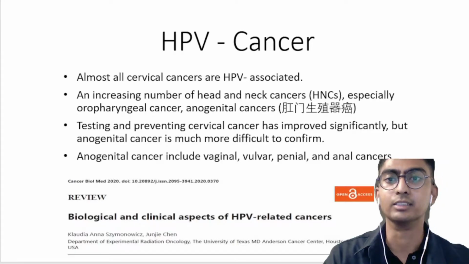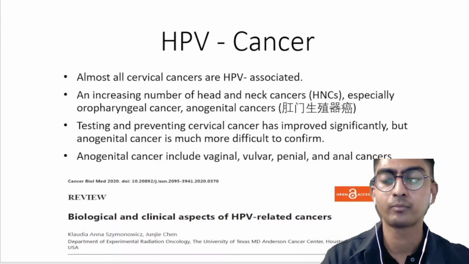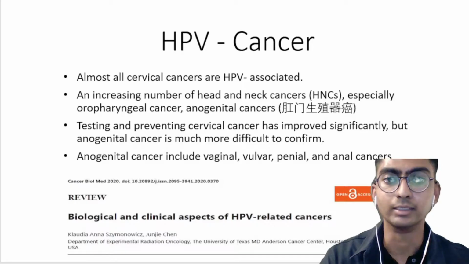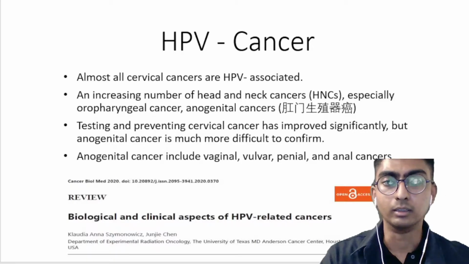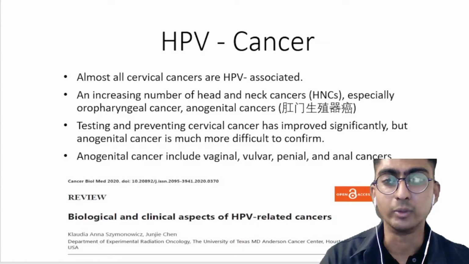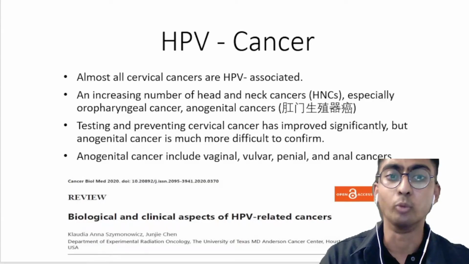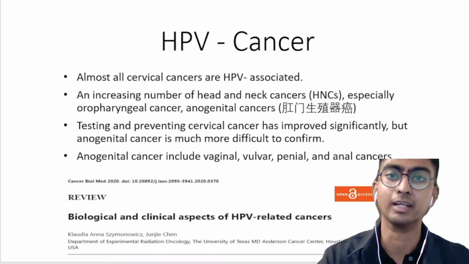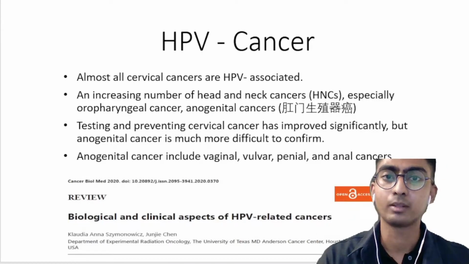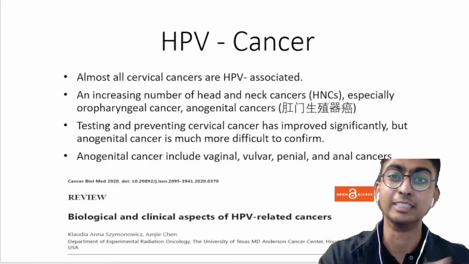This is a recently published science article on the biological and clinical aspects, but we will be focusing on how exactly normal human cells, after being infected with HPV, especially the high risk HPV strains 16 and 18, lead to cancers.